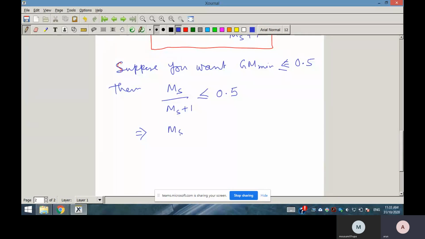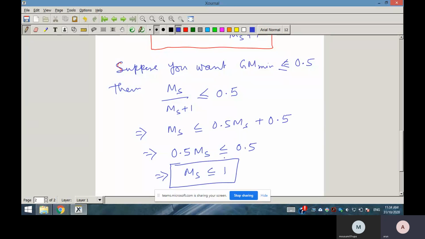So this means MS is less than or equal to 0.5 MS plus 0.5. This means 0.5 MS is less than or equal to 0.5, so MS is less than or equal to 1.